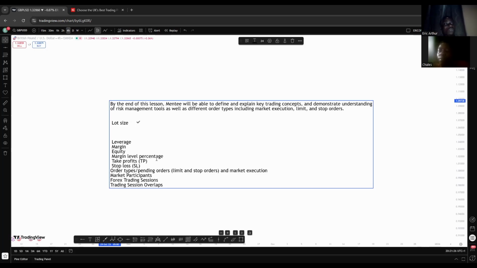Okay. So we have 4 types of lot size, but most brokers don't bring the 4th one. So most of the time it's only 3, and these are the standard lot size. Let me type it. Standard.